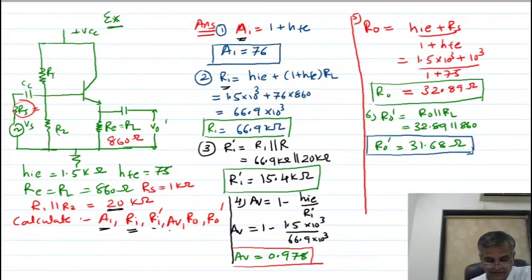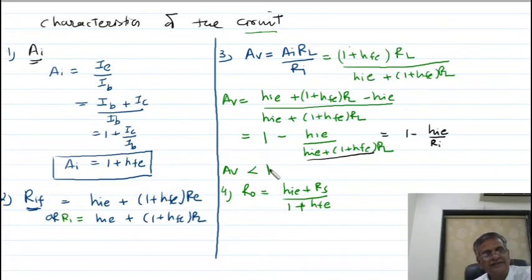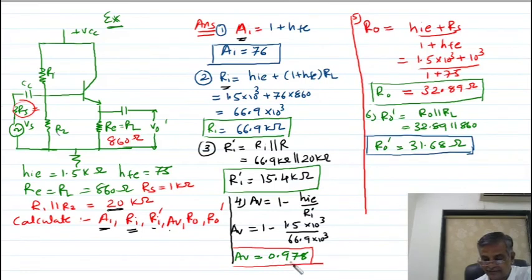Here I want to show that the input resistance is 66.9 kilo ohm and the output resistance is only 31 ohm. So the input resistance is very large and the output resistance is very small. Second, the gain is nearly 1, so the output voltage follows the input voltage. The gain is slightly less than 1, like 0.97.